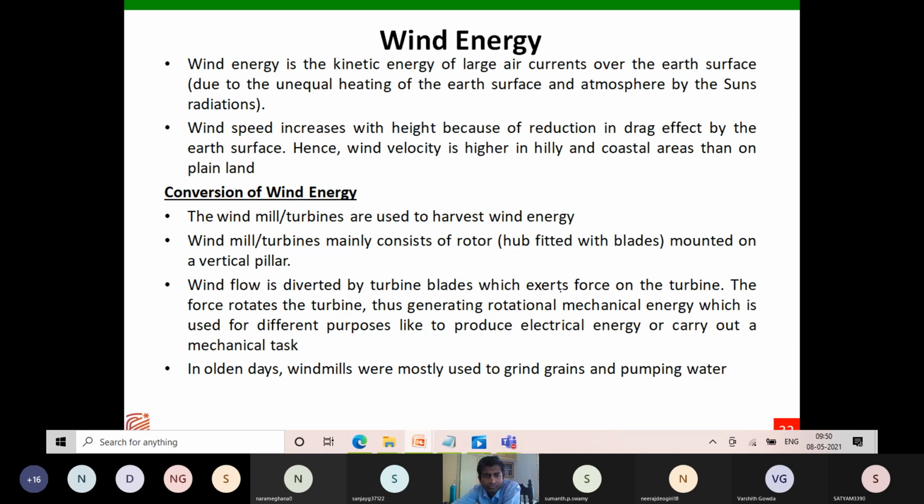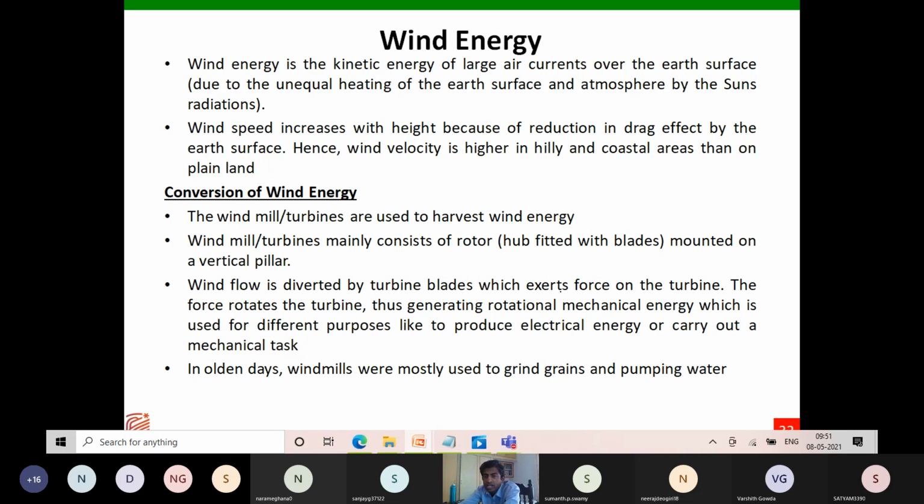Hope you have understood. Wind speed increases with height. That's why along mountains it is very useful. Where we have mountains or hilly regions, the wind energy is highly found and it is utilized. So it is mainly caused due to unequal heating of the earth's surface.